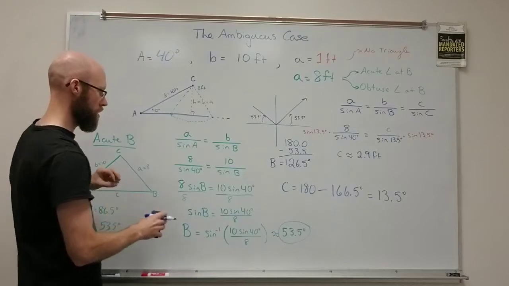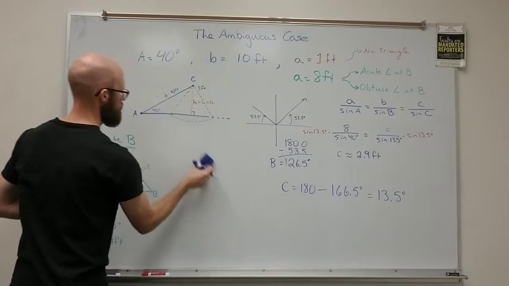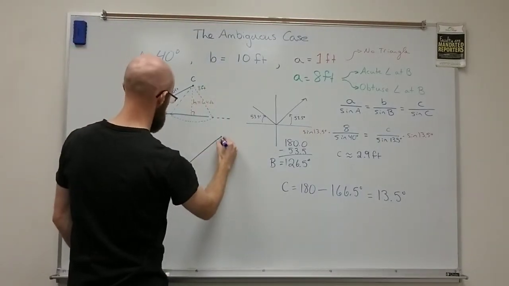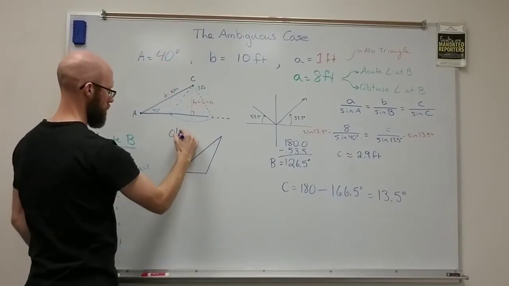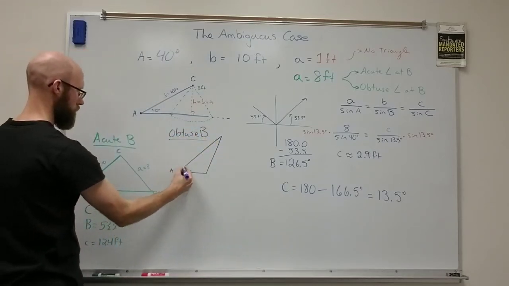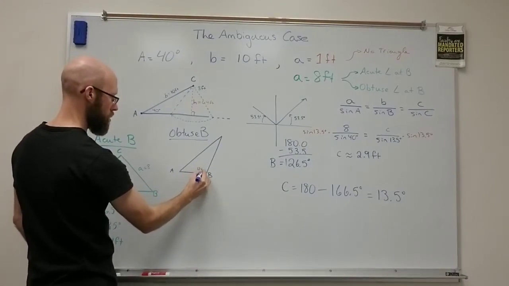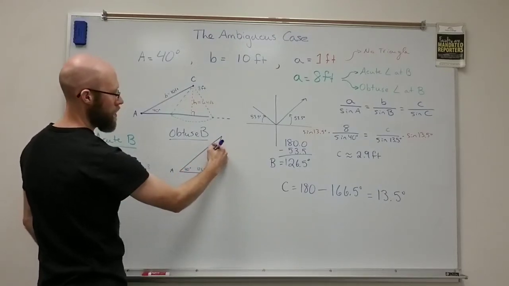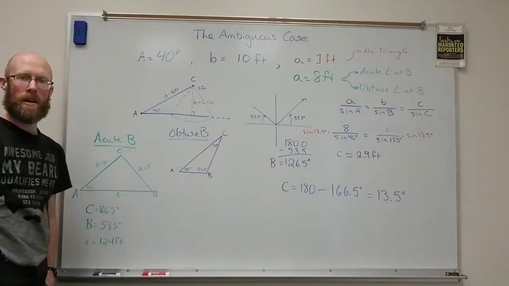So if I get rid of some of this extra information and draw this out, this is obtuse B, the obtuse angle is going to be the 126.5 degree angle, and angle C up here is 13.5, so that's a nice small angle up there.